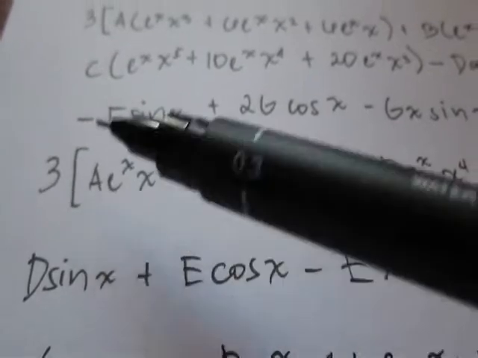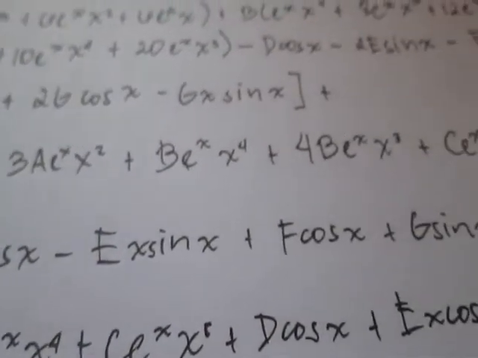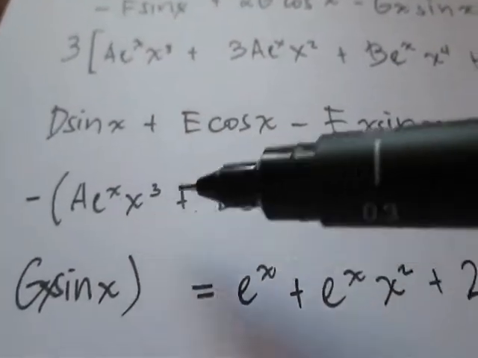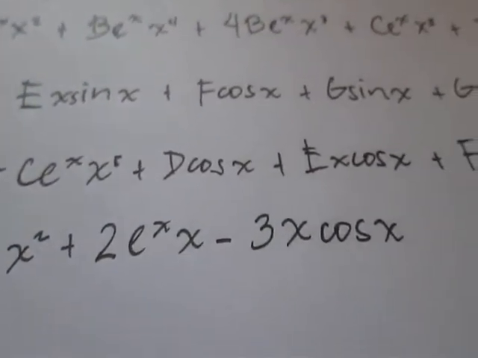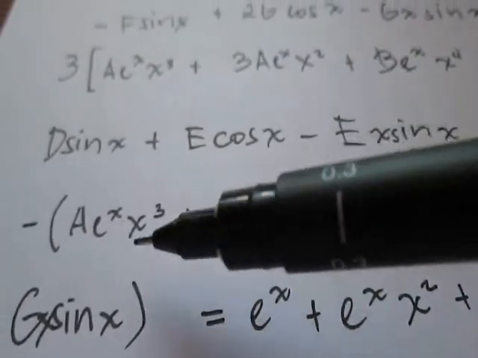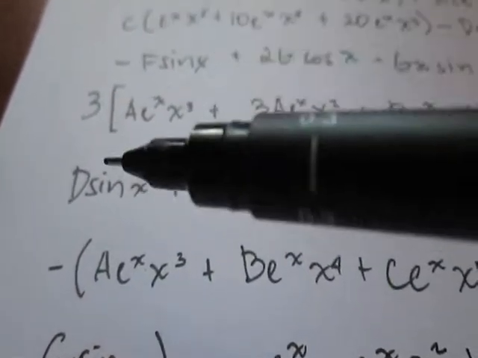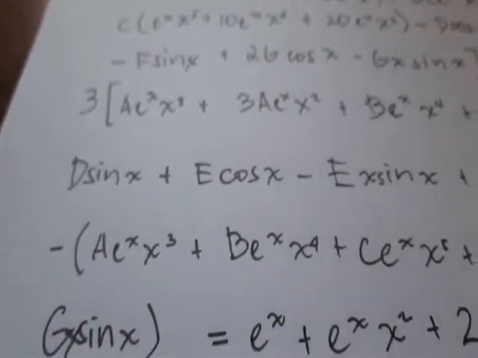We multiply it by 3 as what the original equation tells us, and we get this. And this is our first derivative. Multiply it with negative since we have minus.